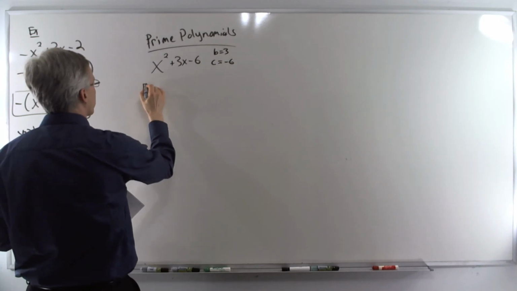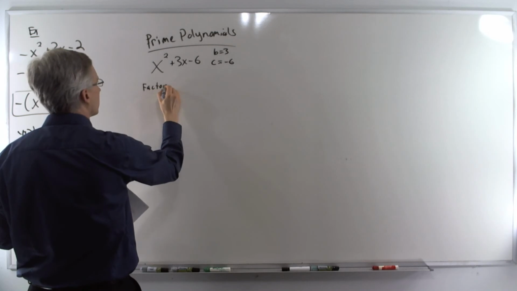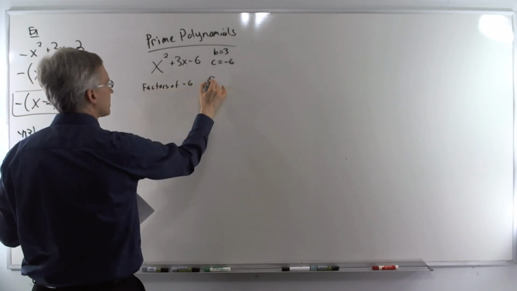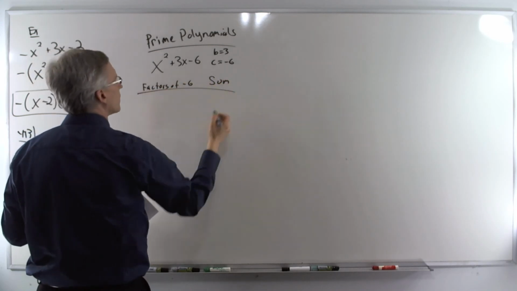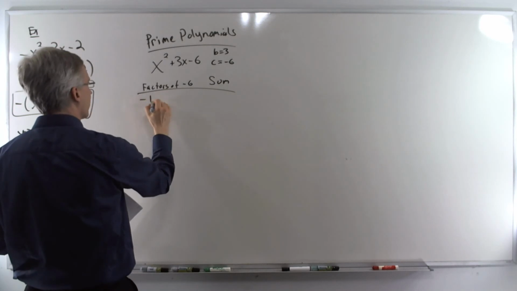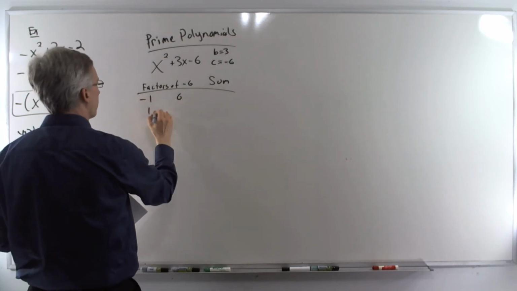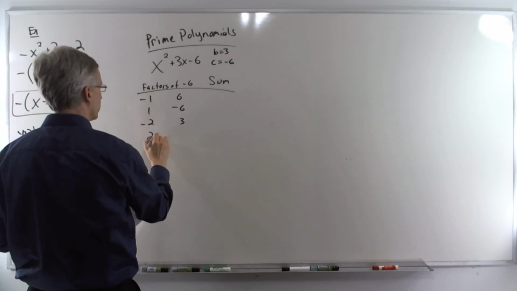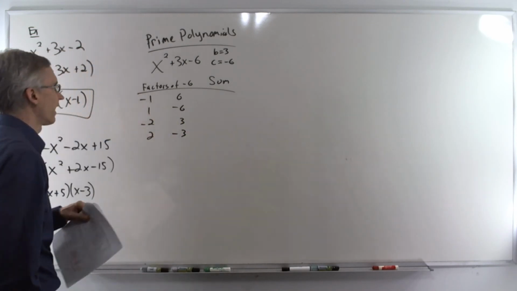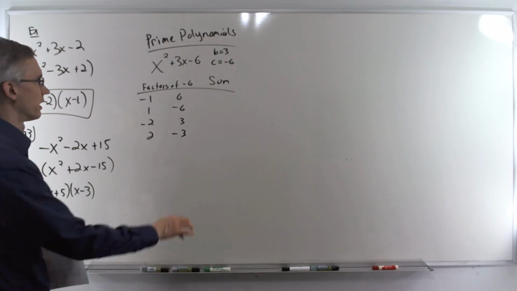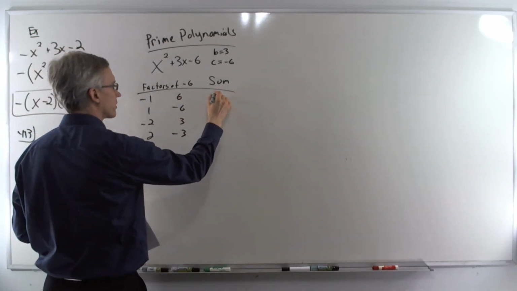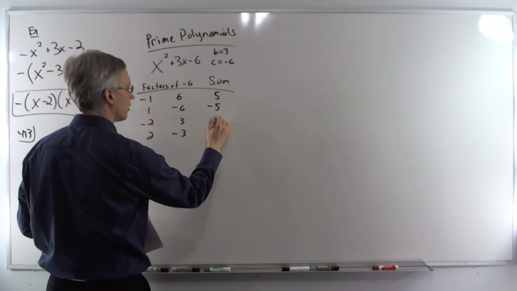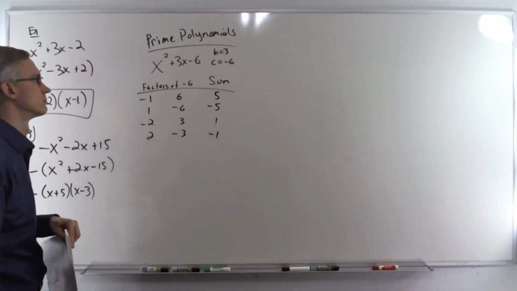So we've got factors of negative 6 and the sums. Factors of negative 6 are negative 1 and 6, 1 and negative 6, negative 2 and 3, 2 and negative 3. Those are all the factors of negative 6. Now over here we're going to write their sums: 5, negative 5, 1, and negative 1.